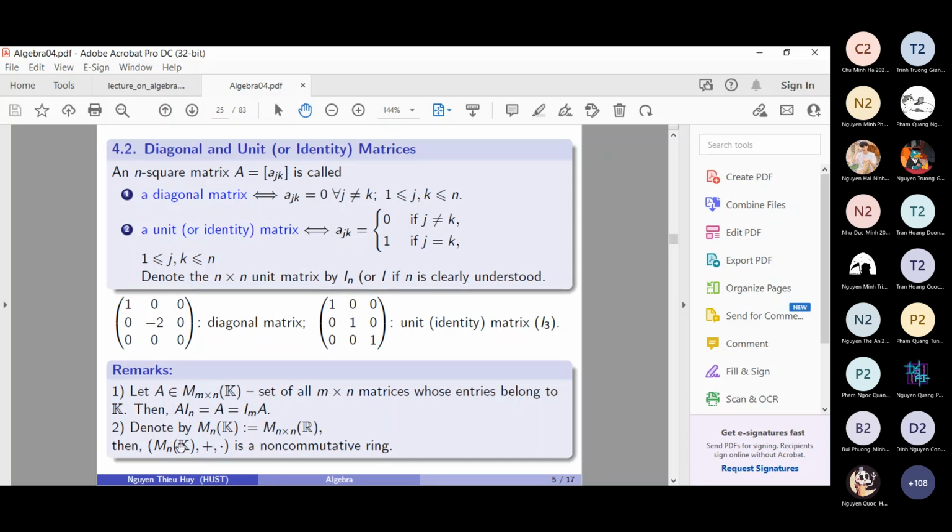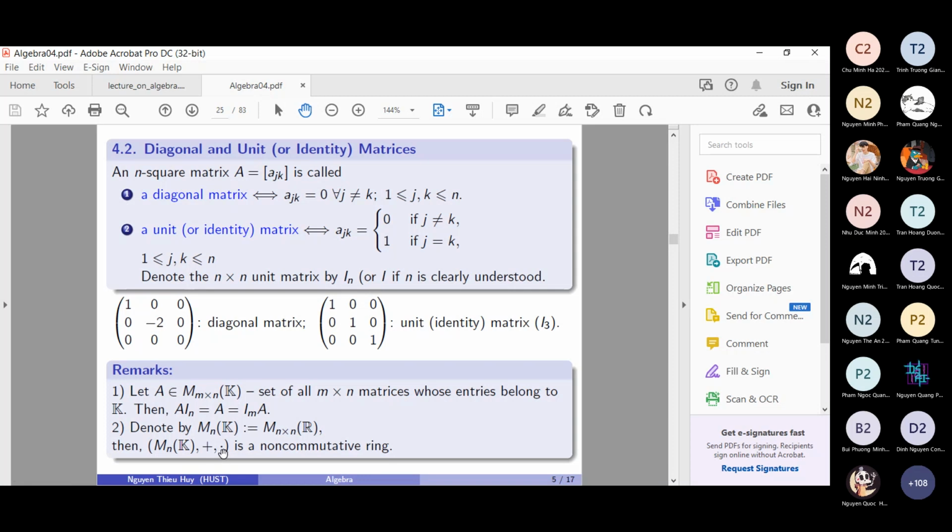Then you can see immediately that M_n(K) with addition, so matrix addition, and matrix multiplication. In this case, matrix multiplication is well defined on this M_n(K), because every two matrices here can be multiplied, since they have the same rows and columns, and you can multiply in any order.